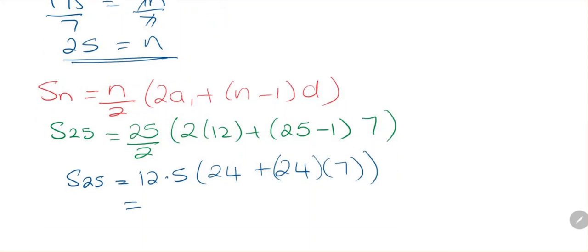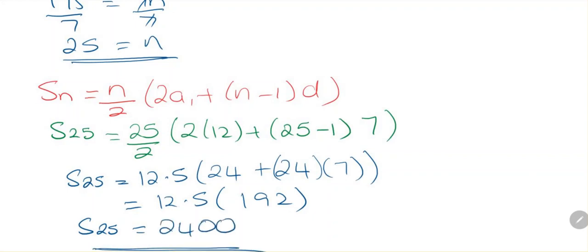If we work this out, we have 12.5 multiplied by 192. So the sum of the total of the 25 terms is going to be 2,400.